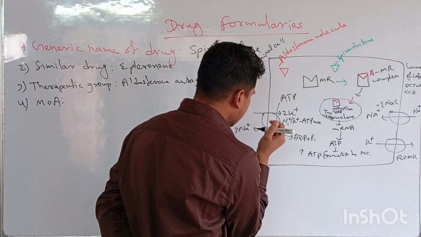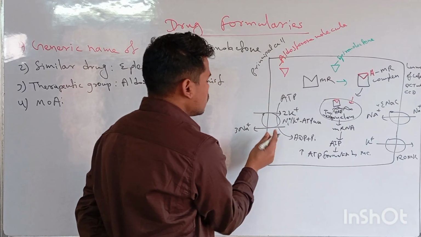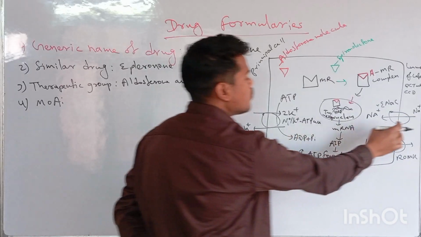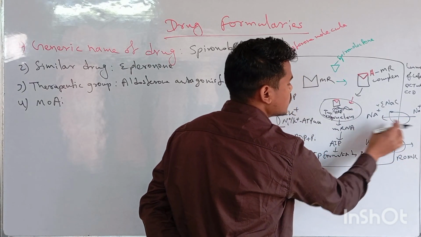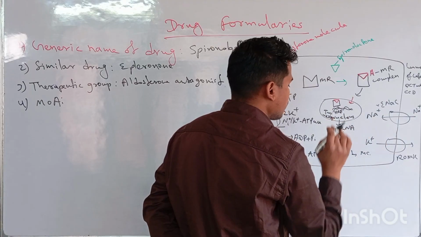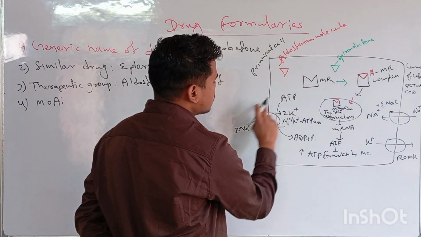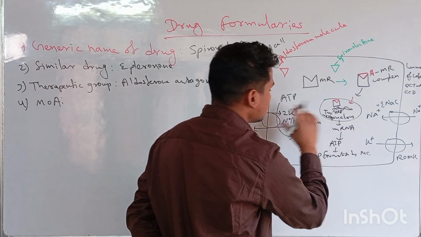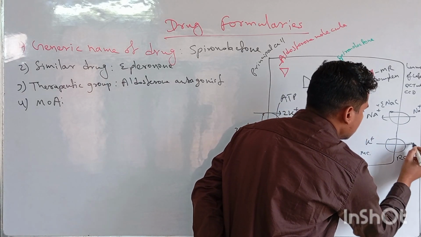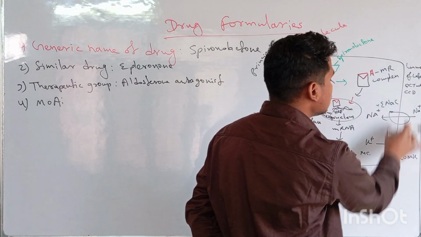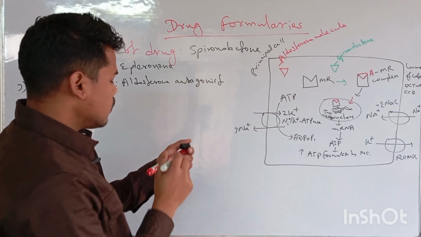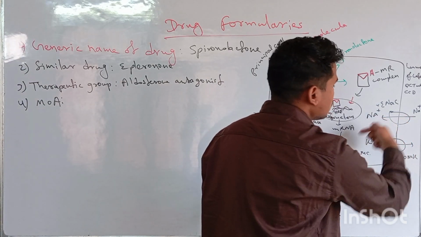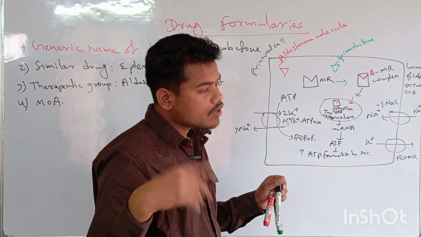The primary active transport mechanism will create less sodium inside. So from here there will be a higher concentration, and here a lower concentration, so the sodium will flow inside. Potassium pumping inside increases the concentration of potassium, and that will lead to the efflux of potassium through this channel. If there is entry of sodium, water always follows the sodium.